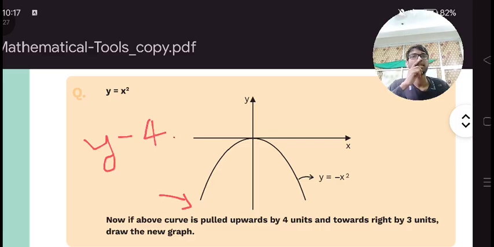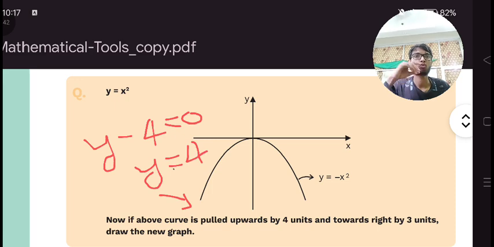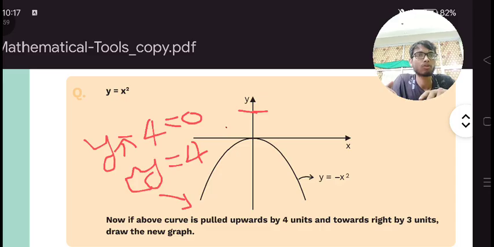There is a reason, and the reason is that when we equate this with 0, it is giving us 4, and here we can confidently say that yes, y is 4, added to positive y over here. This is the reason behind taking this negative operator. If you take x minus 3, then x minus 3 is equal to 0, and it is giving you x as a positive 3.